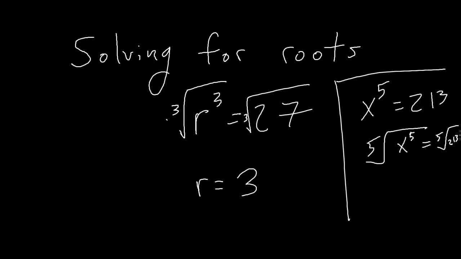If you need to, you can always look this up. You could do a Google search, fifth root of 213, because it can be a bit cumbersome to plug into the calculator. I just want to make sure that we have the basic idea down. We're not really going to get into stuff like that in this unit.